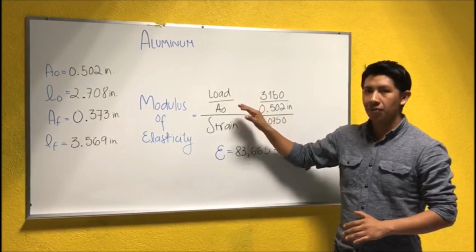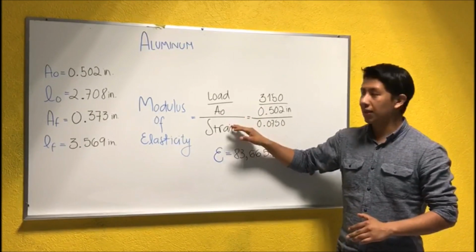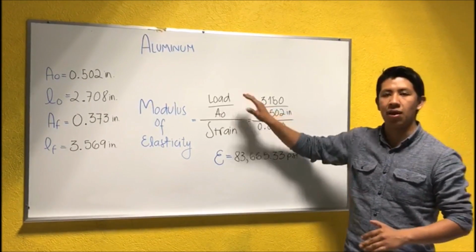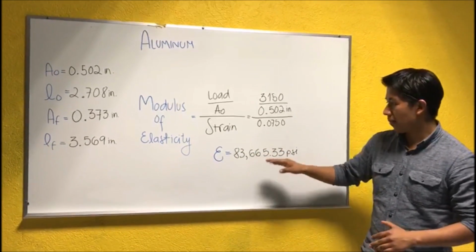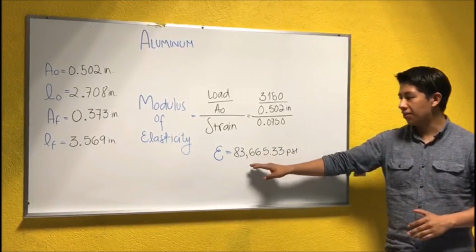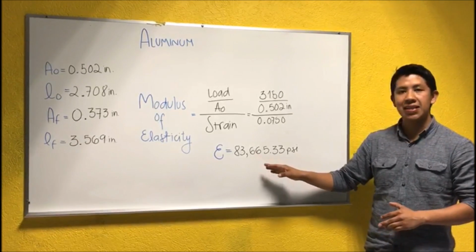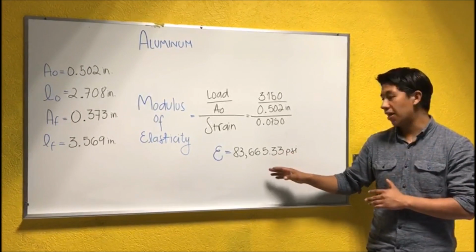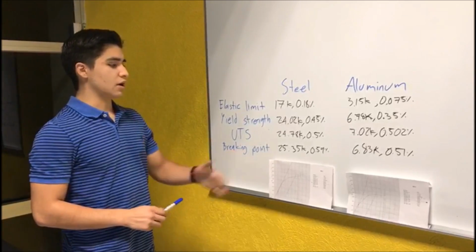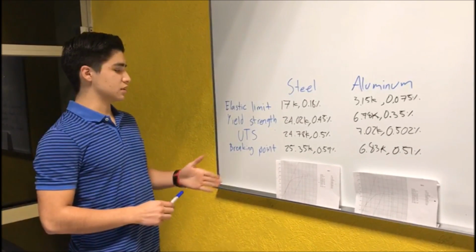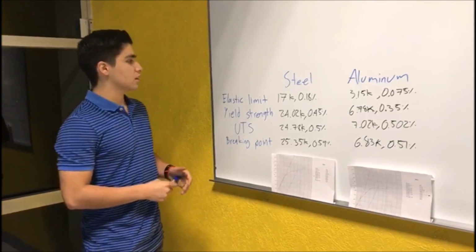We have our load from the graph, over the initial area, all this by strain, and the result was 665.33 psi.